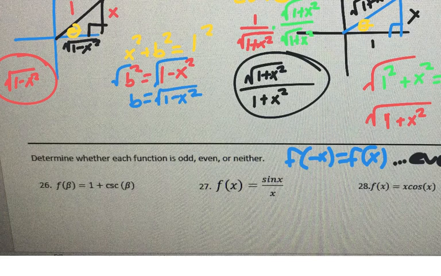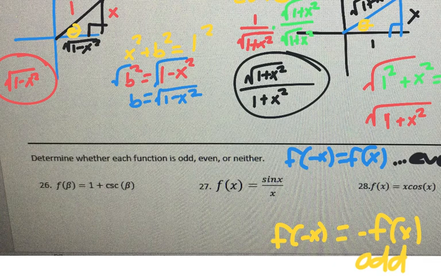Now the other side of that was if I plug in a negative value and what I get back out is negative what the function used to be. So that means every sign changed. You guys remember that? If I changed every sign of my function, that meant it was odd. And if neither one of those things happened, then it was neither. That means if some signs change, but some remain the same, that makes it neither.